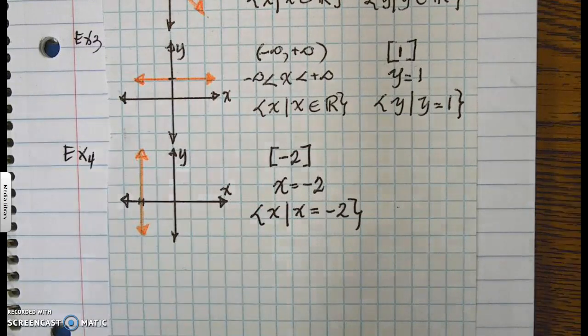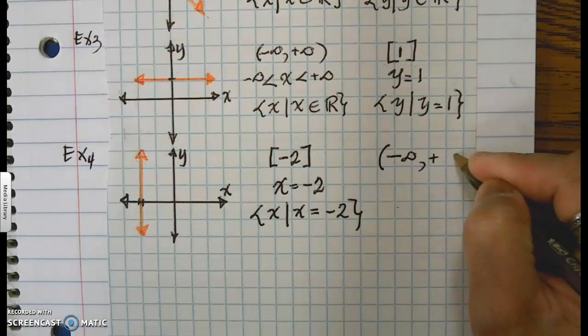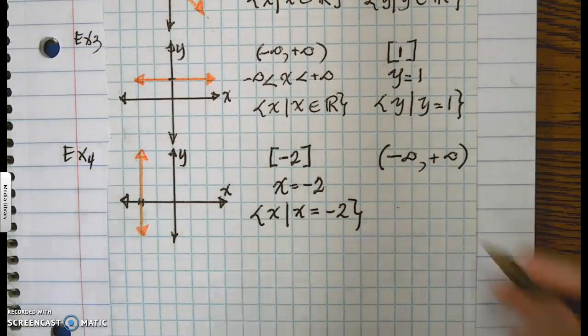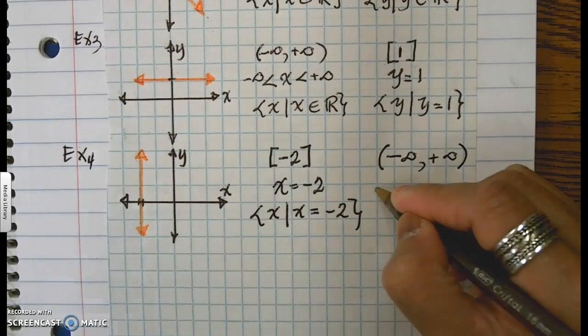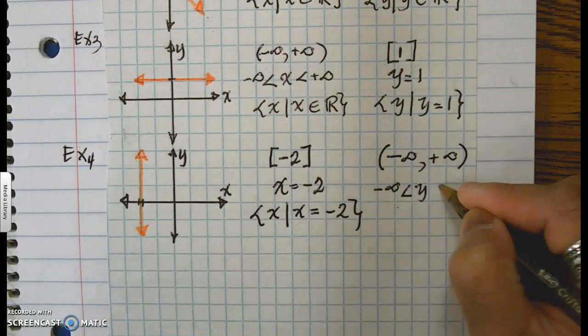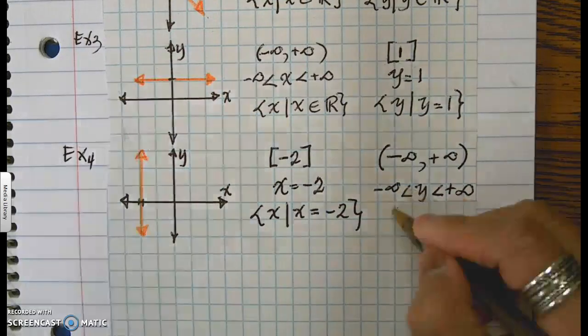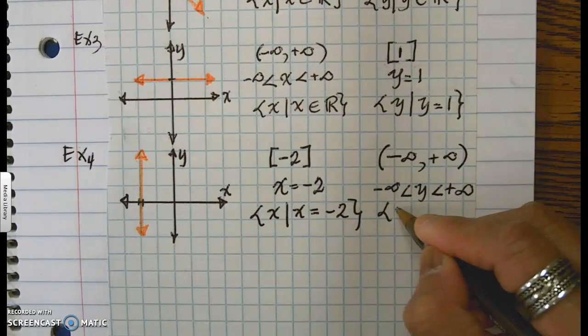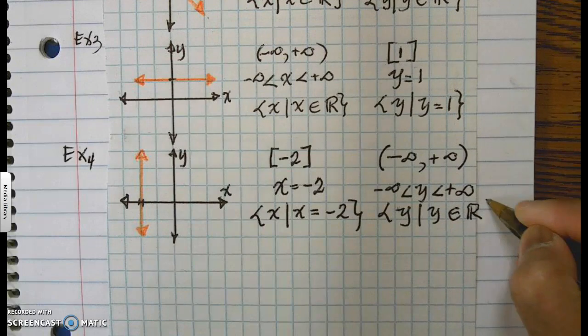Because they are arrows, my range now becomes -infinity to +infinity for my interval notation. My inequality notation would look like y is greater than -infinity but is less than +infinity. For my set builder, it's going to be the set of all y's such that y is an element of all real numbers.